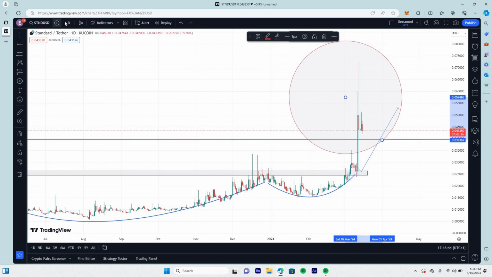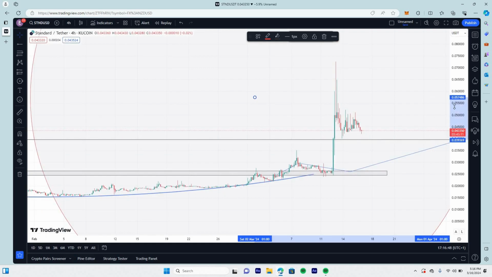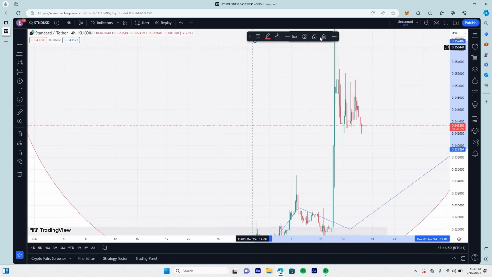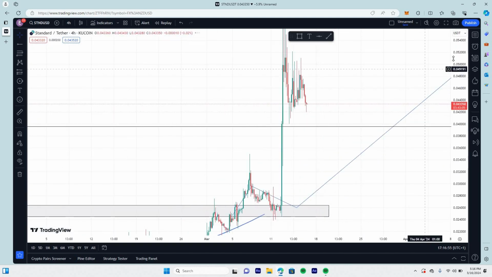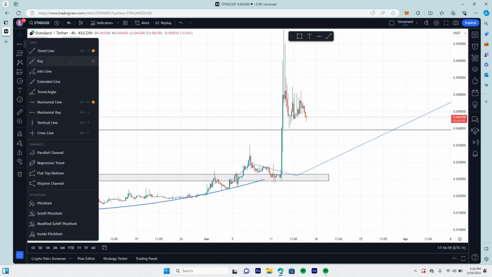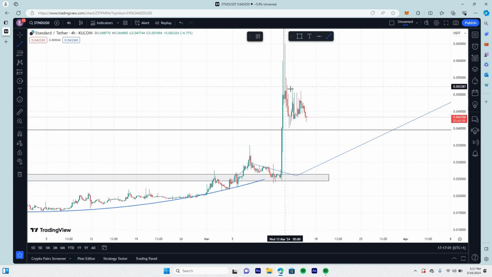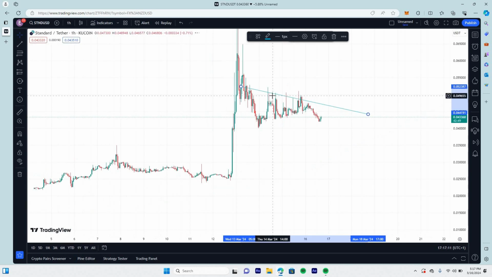So let me just go to the 4 hours time frame. Then we're also going to look at price in the 1 hour time frame. Looking at the 4 hour time frame, by mere look you could observe a downtrend forming, which is more of a correction. But let's go to the 1 hour time frame to see what's happening.